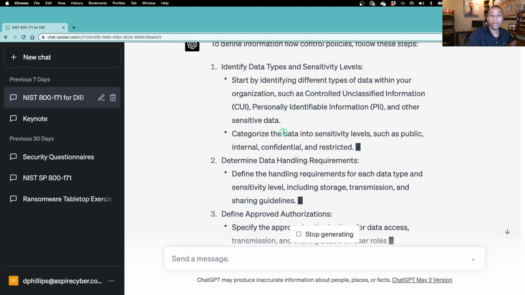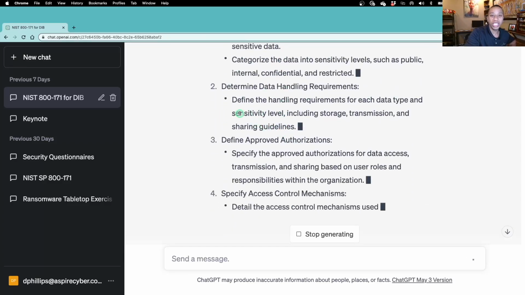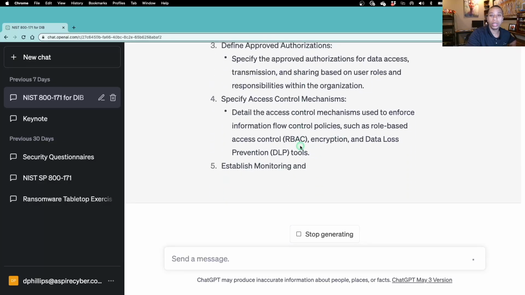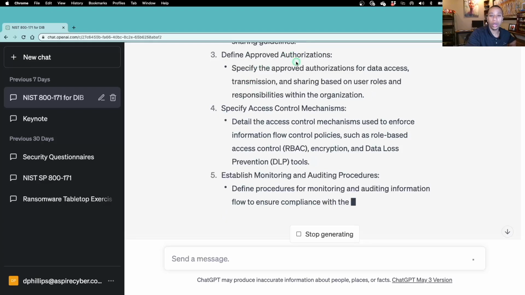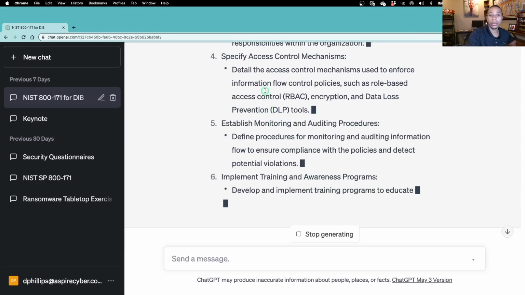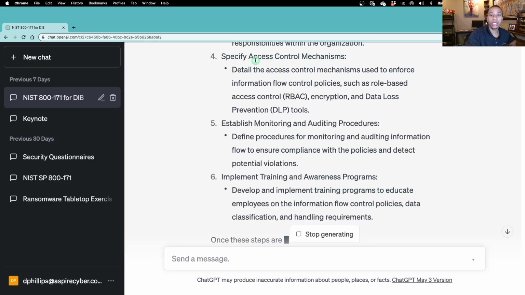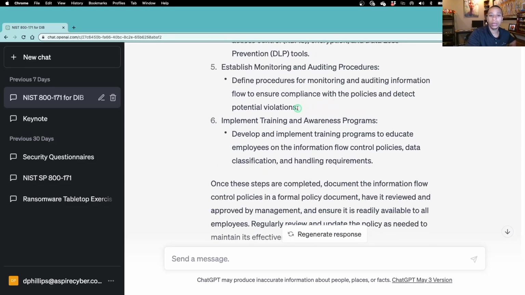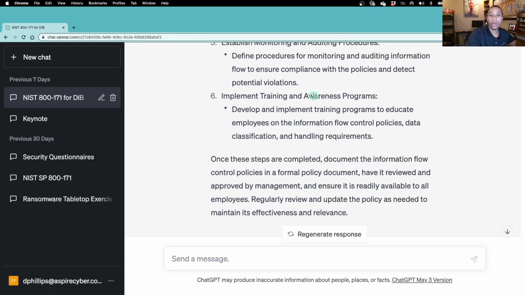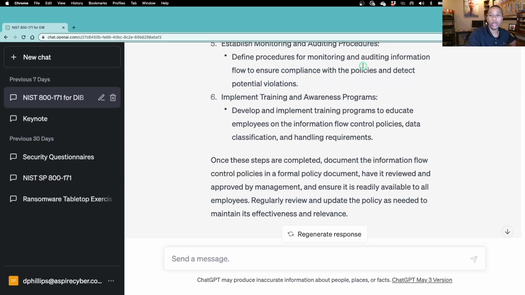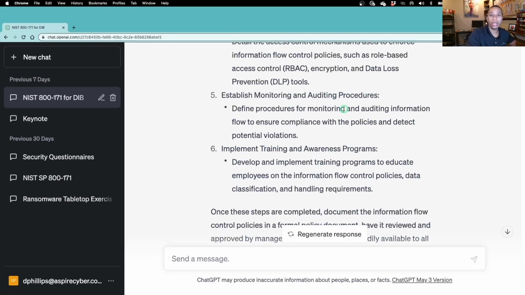We need to have different levels of sensitivity for the information within an organization. We're going to have those data handling requirements. What are the approved authorizations? Specify the access control mechanisms, such as RBAC and DLP, implement training and awareness, and define the procedures for monitoring and auditing.